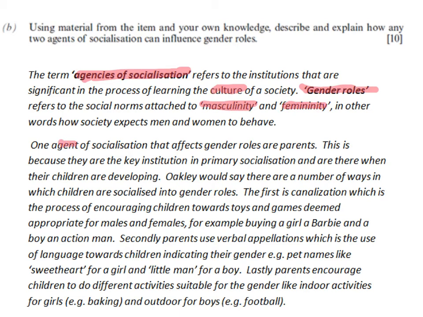We've got the term agent of socialization used again, gender roles used again. We've got primary socialization. We've got this process of canalization that we've talked about. We've got use of the term verbal appellations. And all of this is also supported with really good examples that show an understanding of these key concepts.